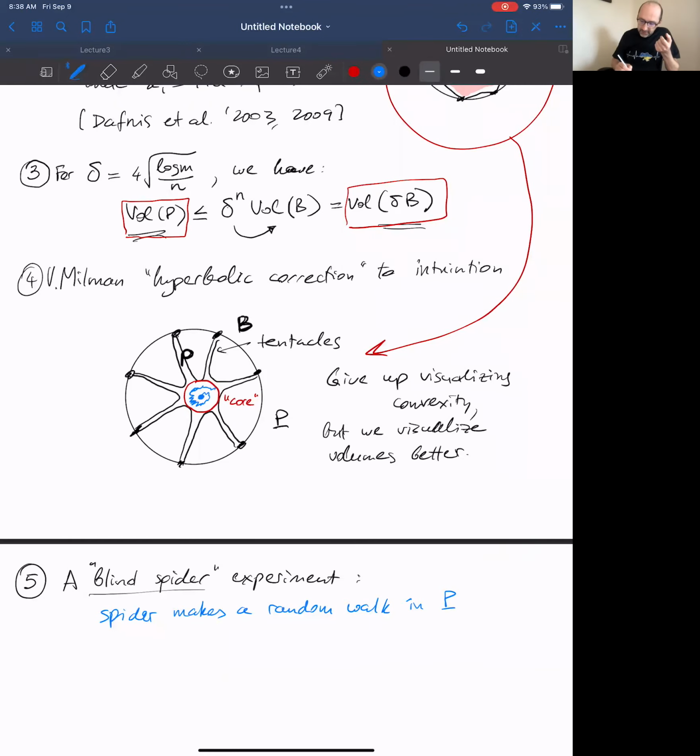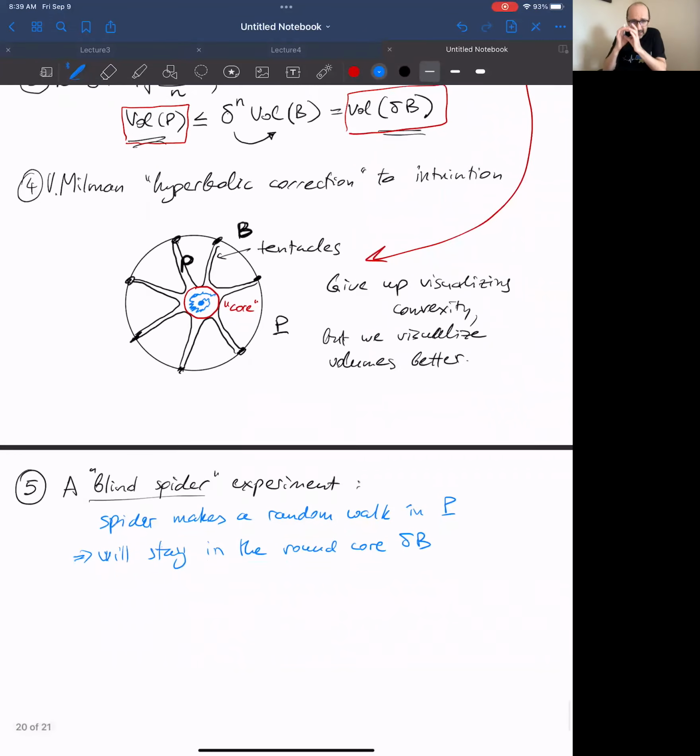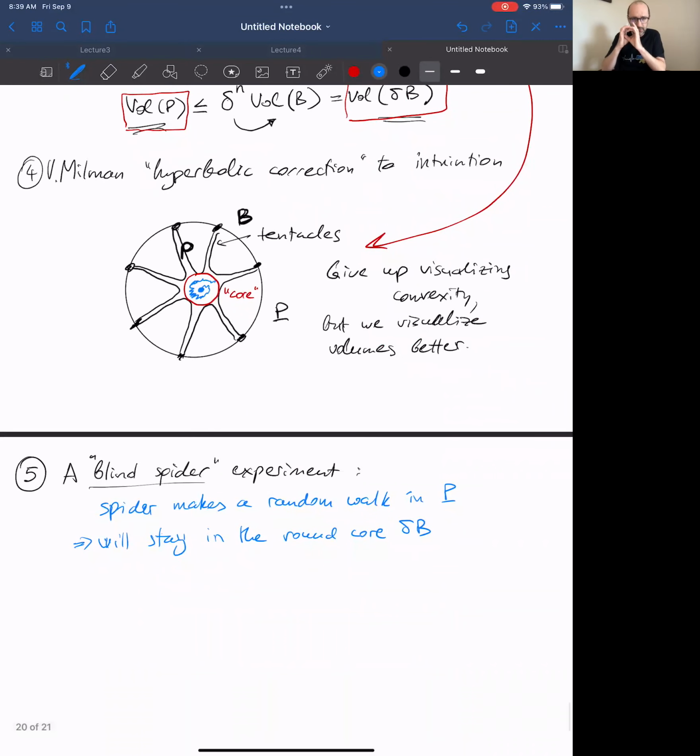And therefore, the spider will stay almost forever, for exponentially long time, in the round core, delta B, this very tiny portion of the polytope, this very tiny ball, and the spider will not even find any tentacles, which are vertices.